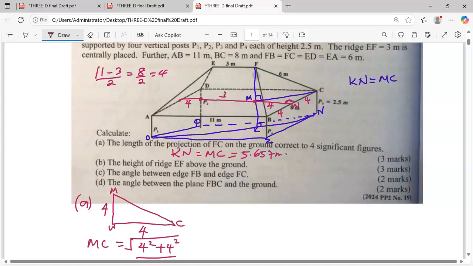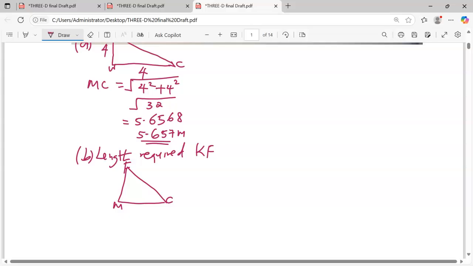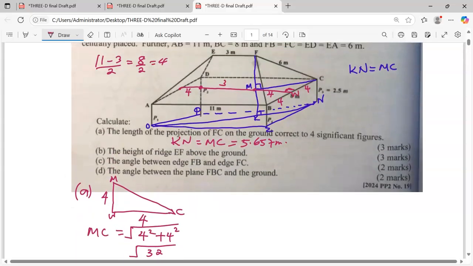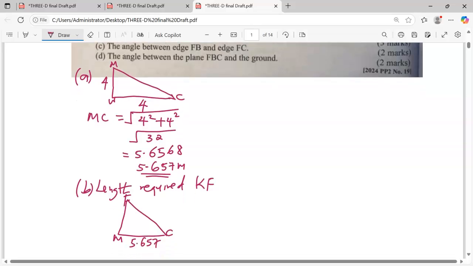In this case, we are going to use MC, which is 5.657. We also have MF. We have FC as 6.